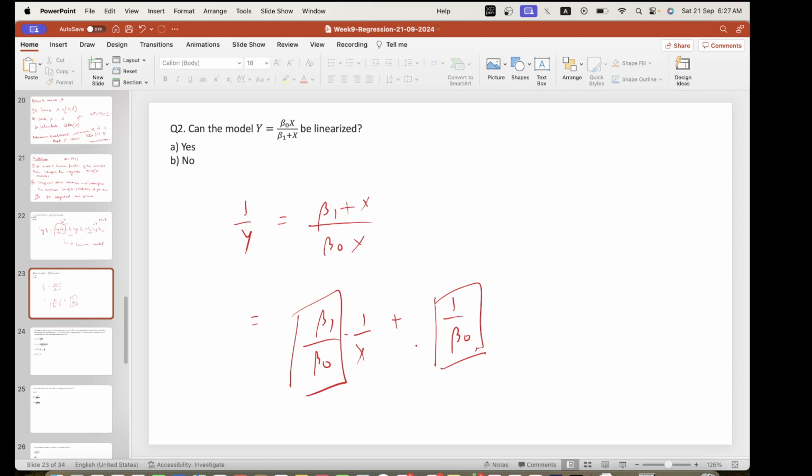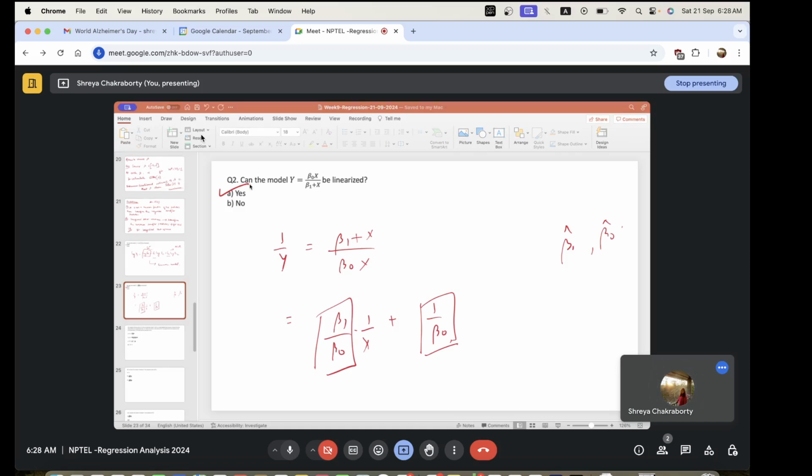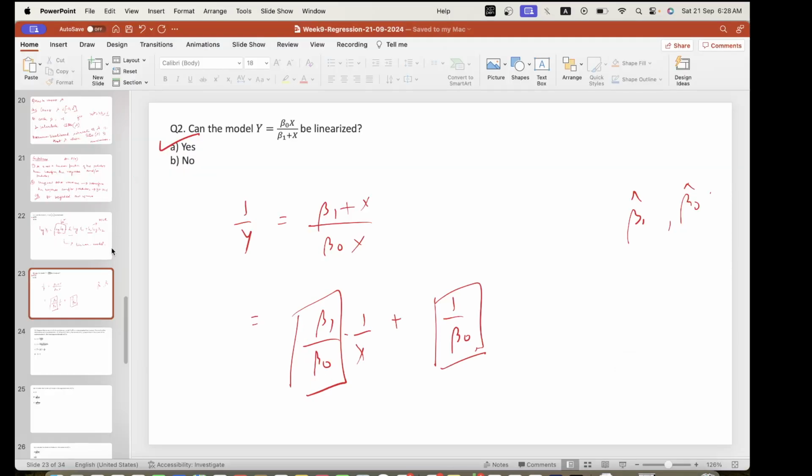Using this, we can get estimates of beta 1 hat and beta naught hat. So can the model be linearized? Yes, the model can be linearized, and that's the answer. Alright, moving on.